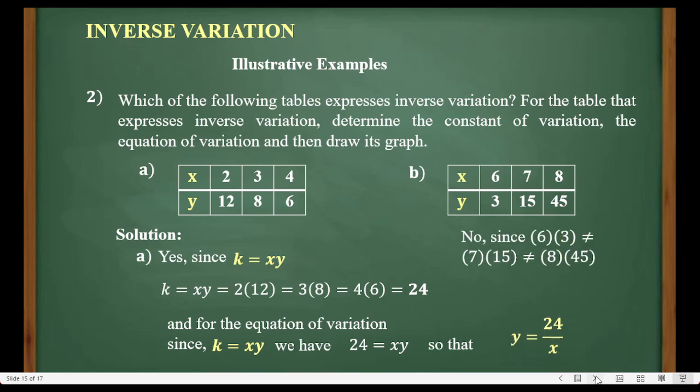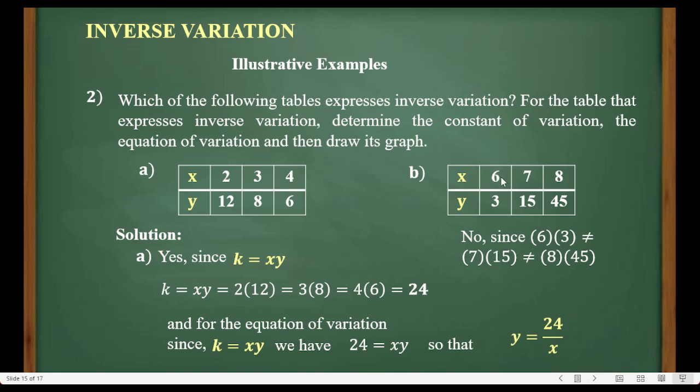Next. What about letter B? So the table in letter B does not express inverse variation. Why? Because if we check the product of each pair of x and y values, the value is not constant.